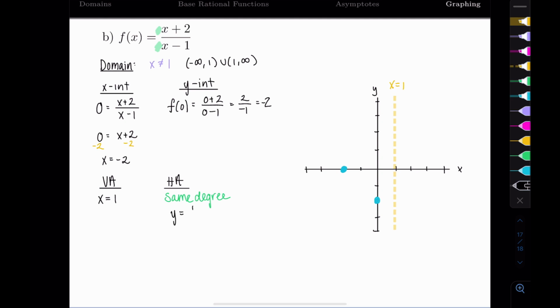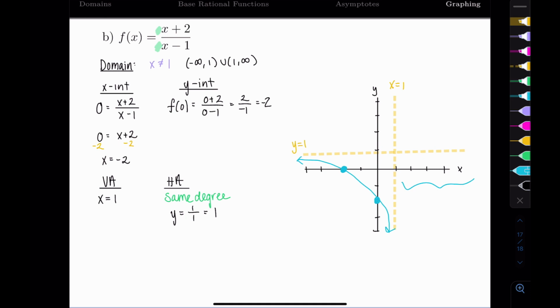So the horizontal asymptote is y equals 1 over 1, which is just y equals 1. So that would be this line here. Okay. So connecting our dots, I've got to hug all of my lines, and I've got to go through these 2 points, so I know that my graph is down here.